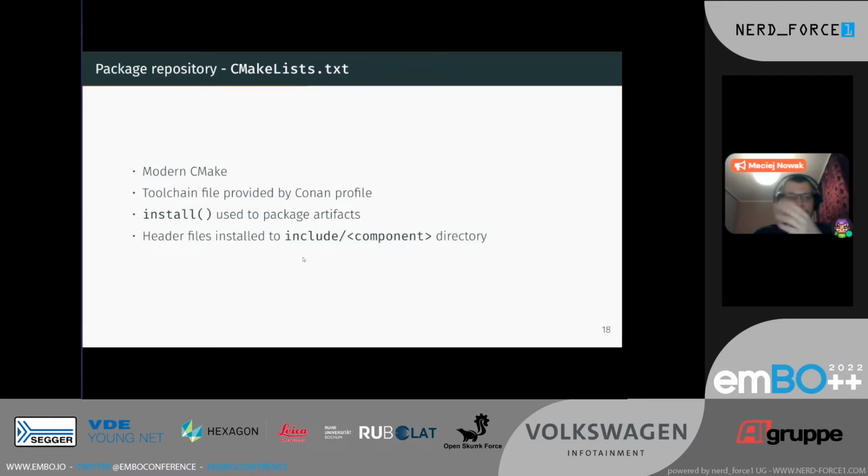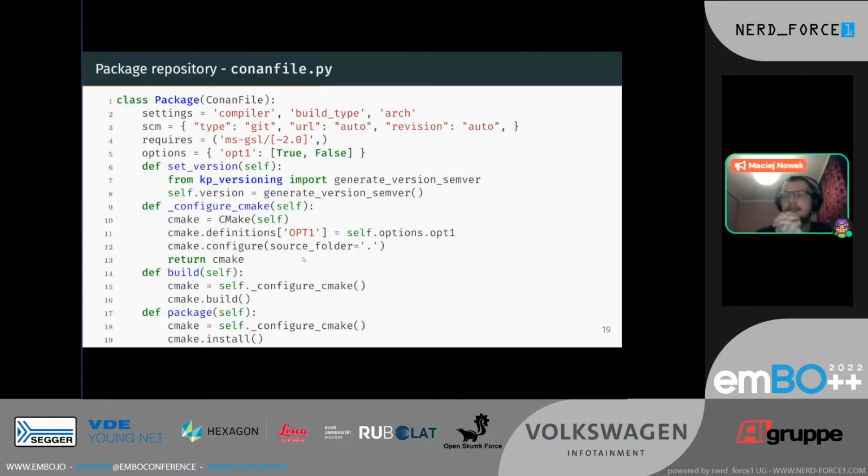Yeah, the things I just mentioned. And once we have CMakeLists, we can go to the Conan file, and this time starting from the bottom. We have three functions for integration with CMake, so package, build, and configure CMake, where we are using the CMake helper to generate, build, and install the package.